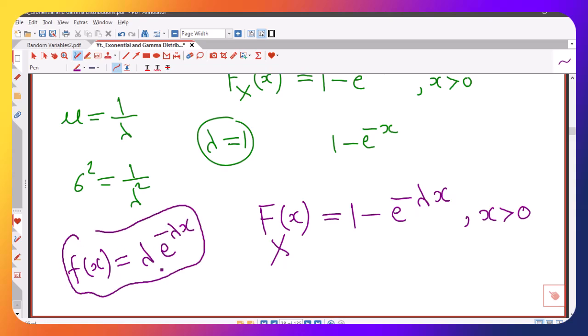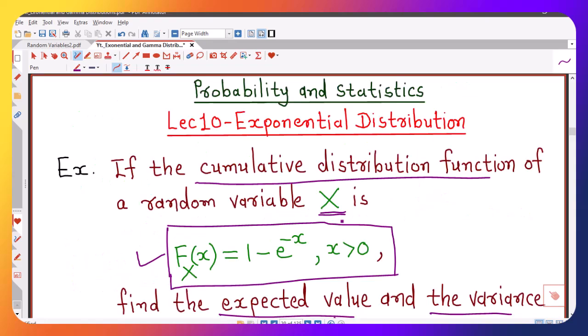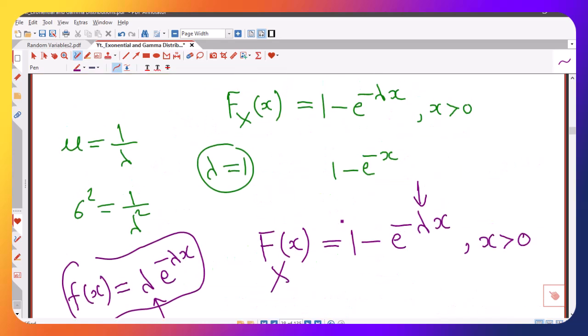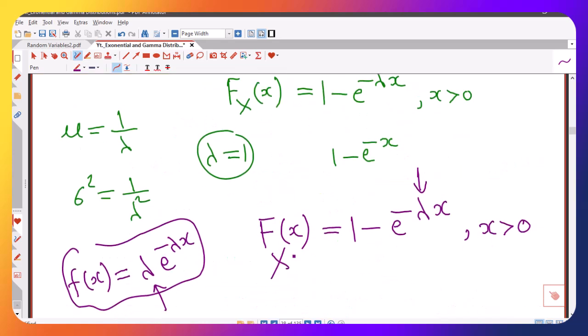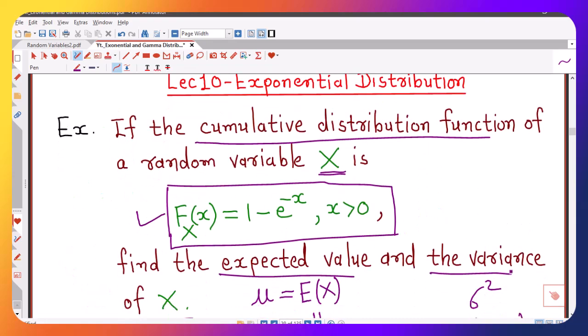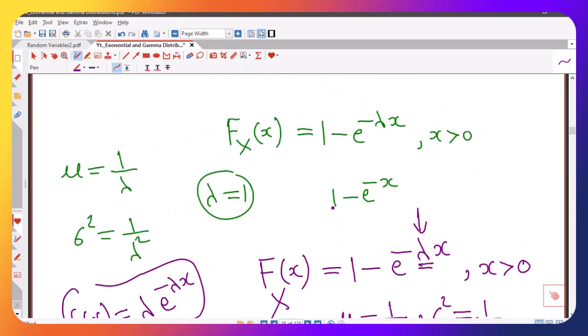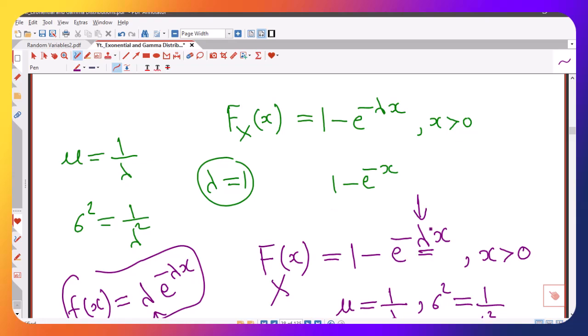So whatever lambda we are using here, that lambda is used in CDF also. We have also discussed that if lambda is the parameter of exponential distribution, then mean of exponential random variable is given by 1 divided by lambda, this parameter, and variance is given by 1 divided by lambda square.